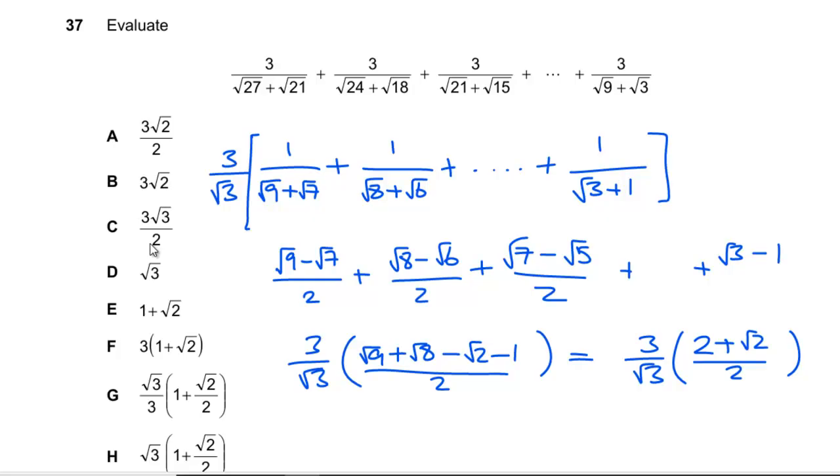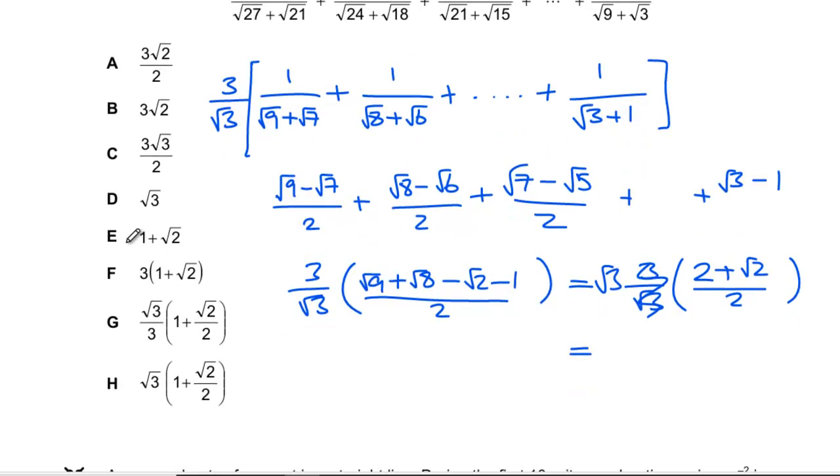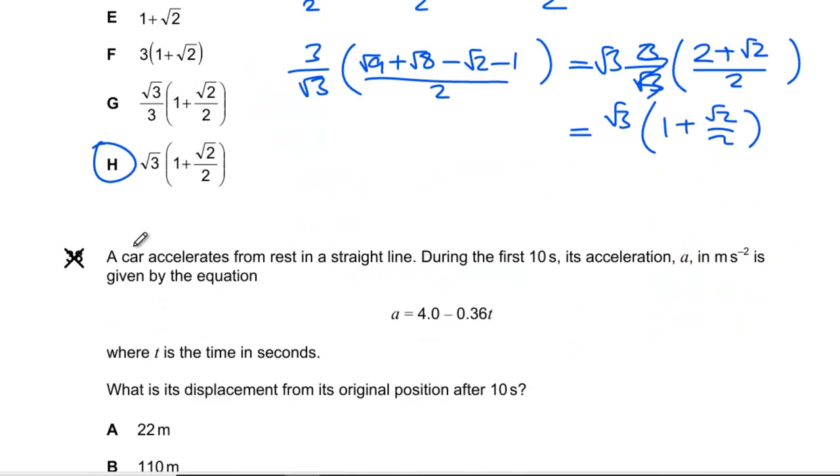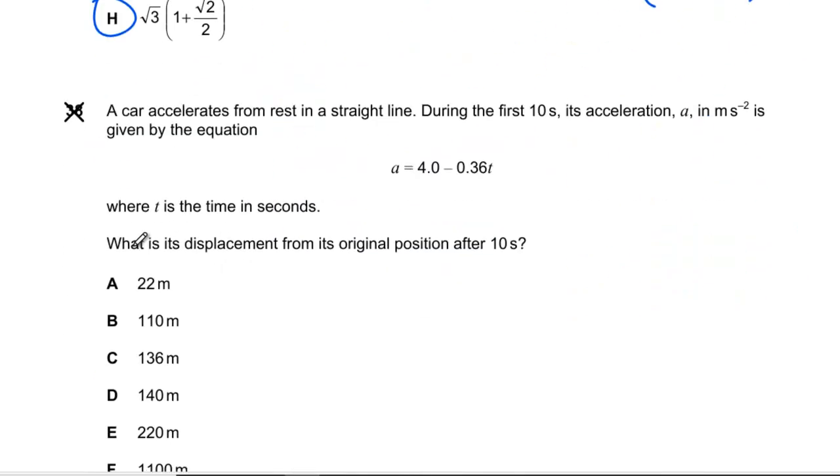Well, actually, I could just write that as root 3 on the outside. Are there any more answers? They don't normally go beyond H. No, they don't. So I've got root 3. Yeah, it does look like H. Root 3 times 1 plus root 2 over 2. Yeah, okay, right, H. That was more involved than the previous 4 put together.